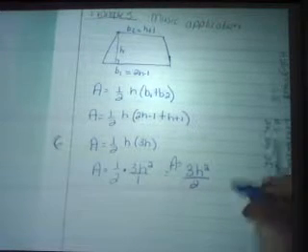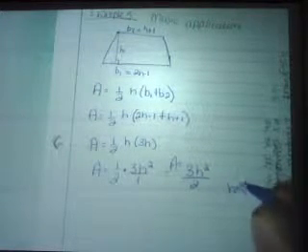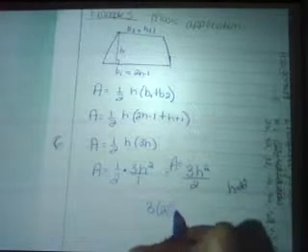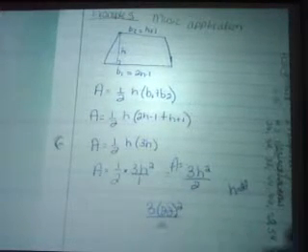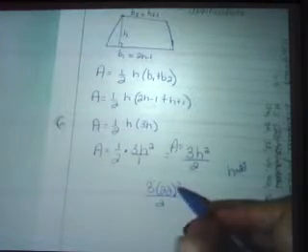And it says find the area of the dulcimer when the height is 22. So my h is 22. Well, since I know this formula, I can plug 22 in for h. So I'm going to have 3 times 22 squared divided by 2. If you're going to put that in your calculator, break down the numerator first.